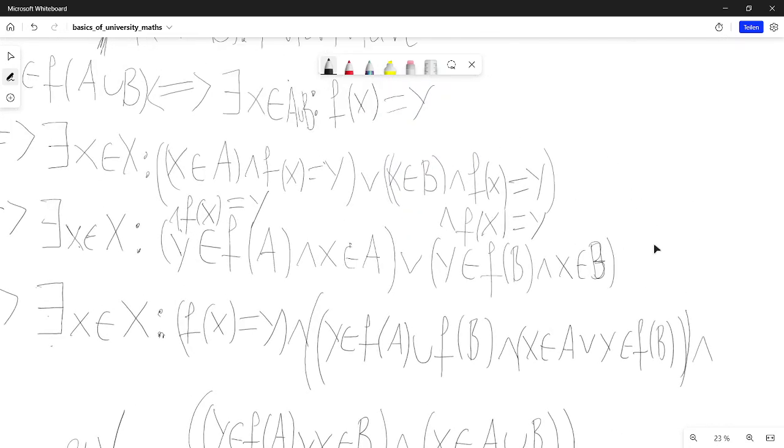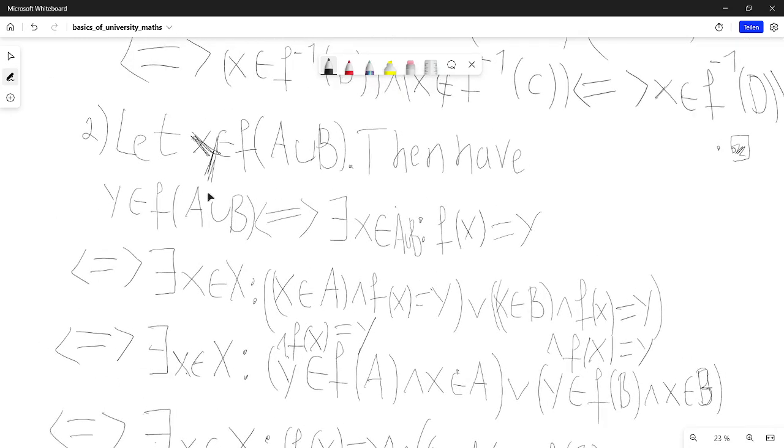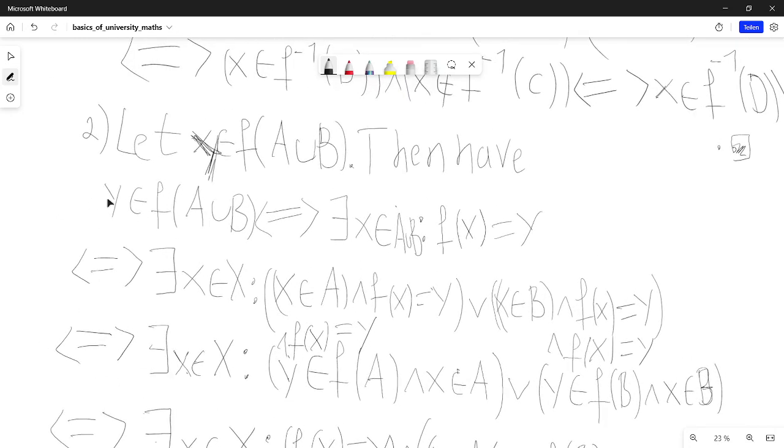Because you see, just let this be like this, then such an x exists, and f of x equal y for some x in A union B. But then this x, if it is in A union B, then it is in A or it is in B, and simultaneously f of x equal to y, which means either one or both is true, but x is certainly in A or in B, so y is certainly in f of A or f of B.